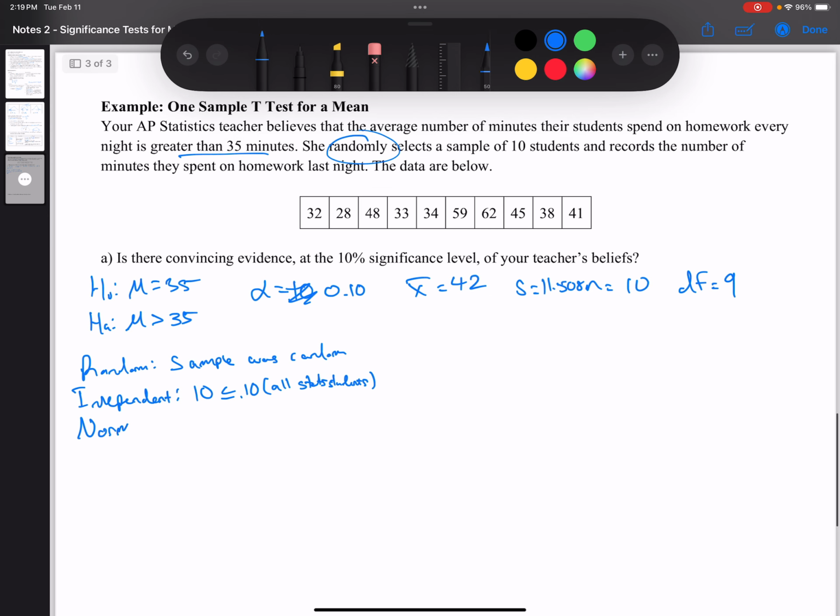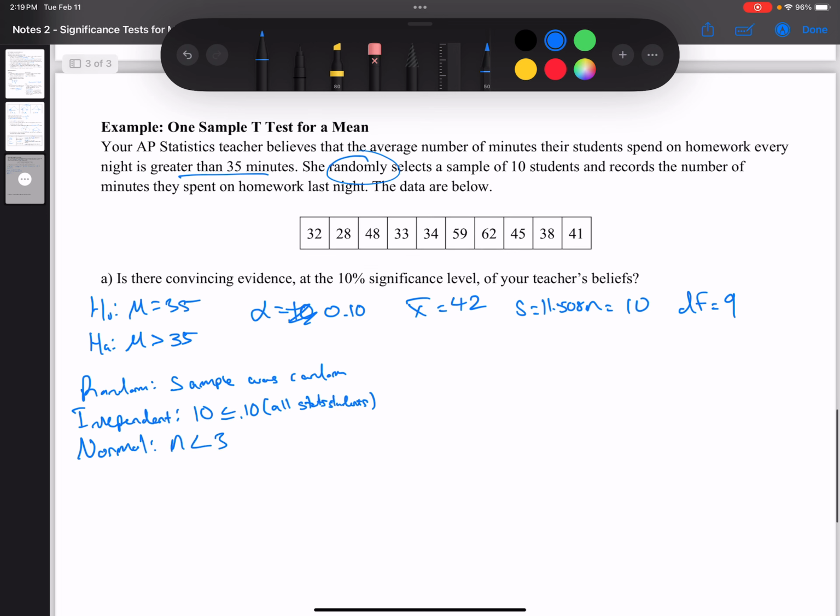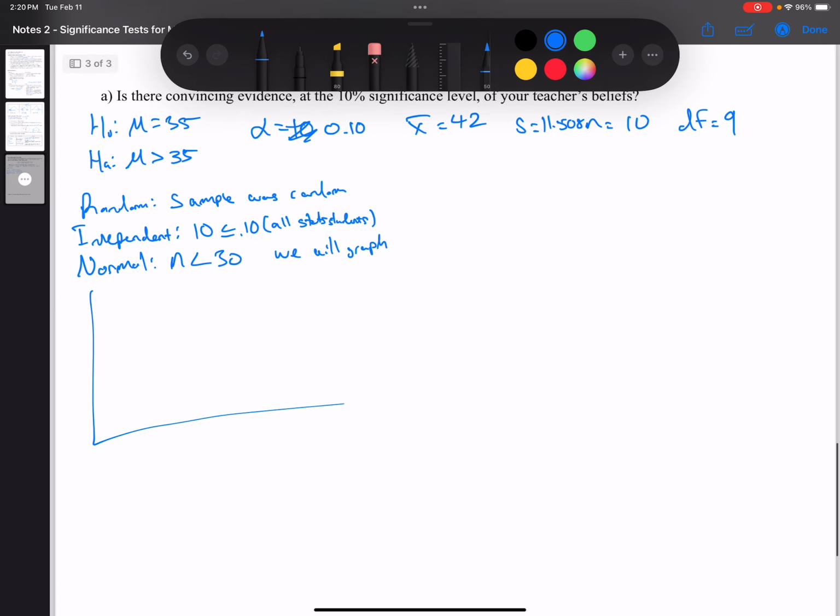So, is it normal? Because n's less than 30, and we don't have any information about the population, we're going to graph, and just do a quick sketch. Let's start at 20, we'll do 30, 40, 50, 60, and 70.